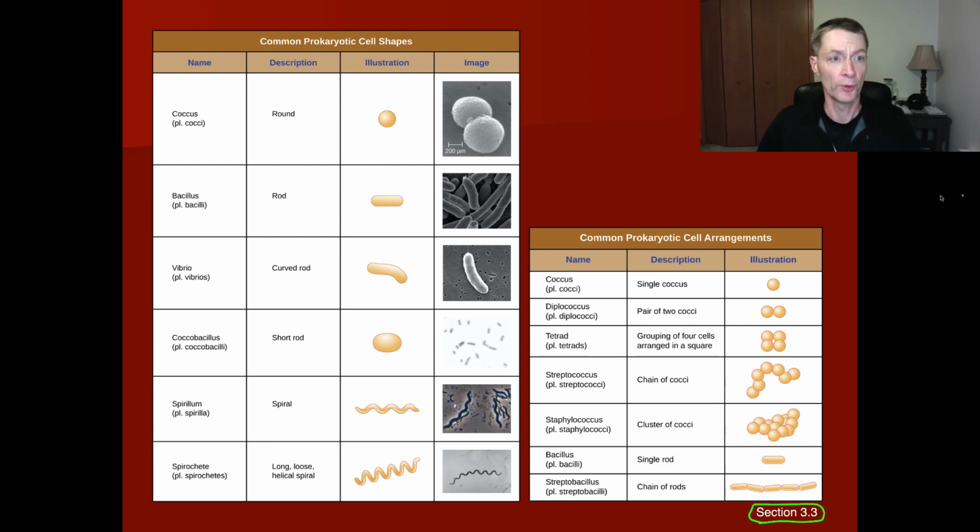We'll show you both some of these cell shapes and some of the arrangements we might expect, right? I would have you focus on those that we talked about in the last couple slides, right? There are lots of different kinds of things here on these graphs, but you definitely want to have the ones down that we talked about on the last couple of slides, all right?